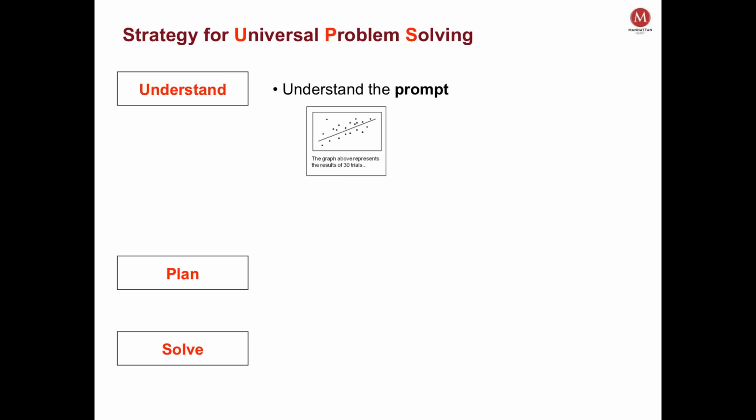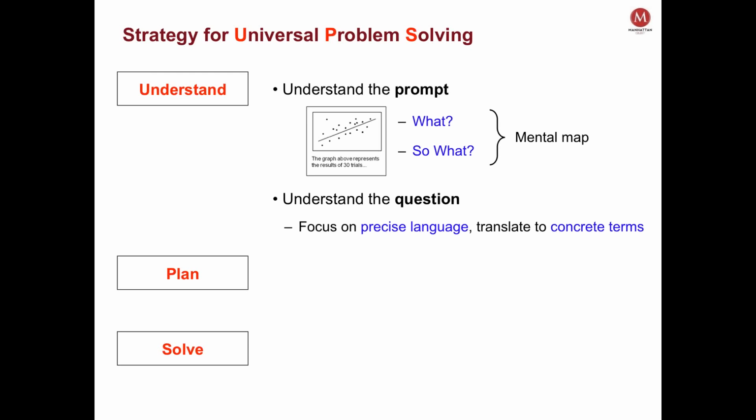We think this is a great way for dealing with any sort of complex problem. First thing you have to do is understand: what and so what, create your mental map. It's very important in MSRs that you focus on the precise language. What exactly are they asking? Not what in general, what specifically. Then you come up with a plan.